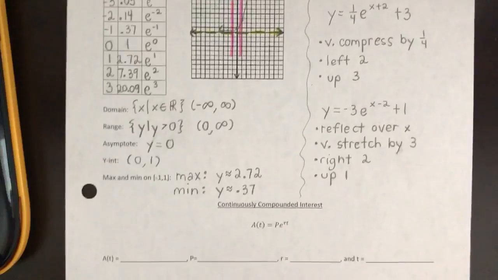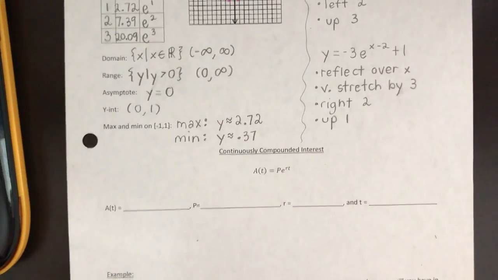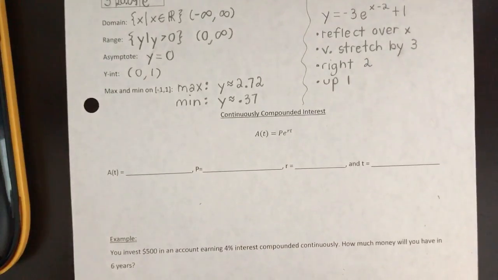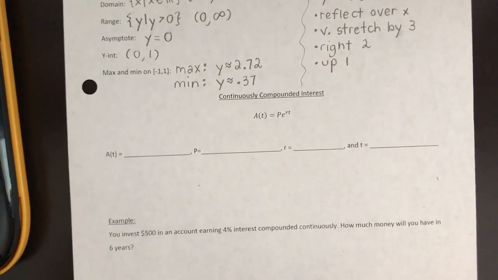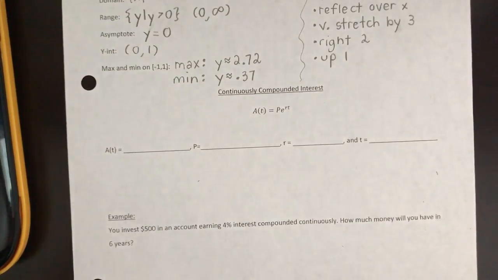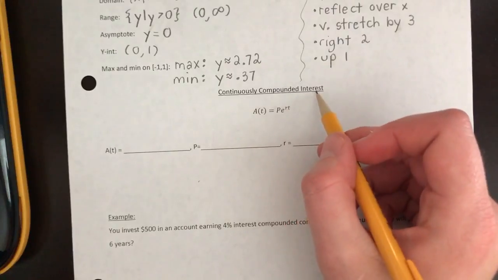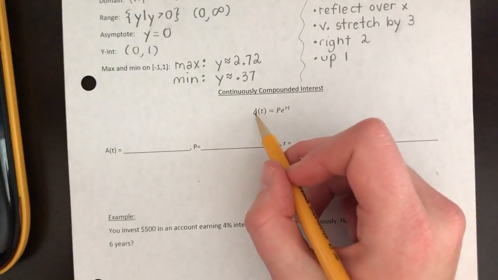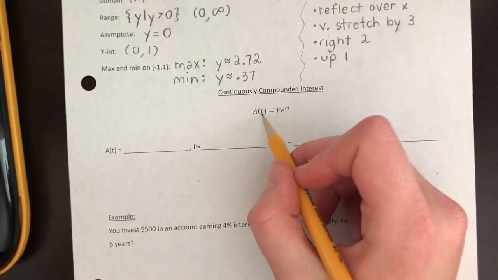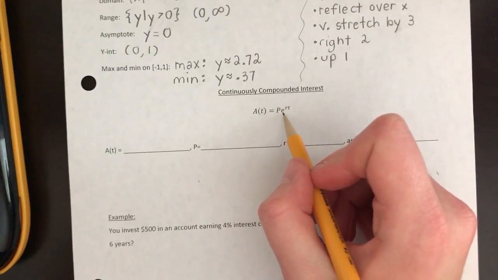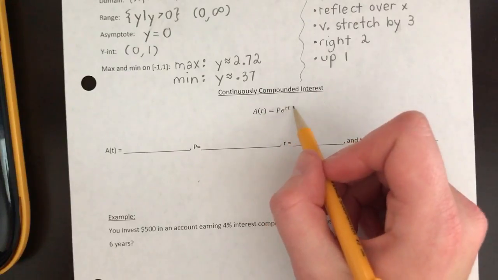Okay, so now let's talk about when you will use e. So e is a pretty common letter/number, I guess you would say, that's used in a lot of banking, like continuously compounded interest. So there's this formula, A of t equals P times e to the rt. We call it PERT.